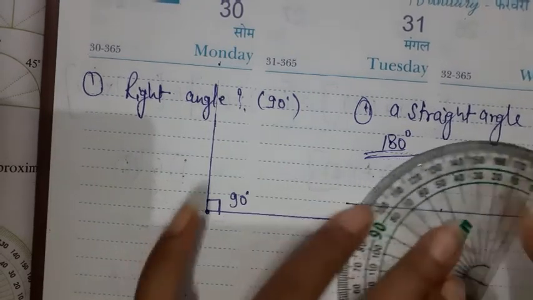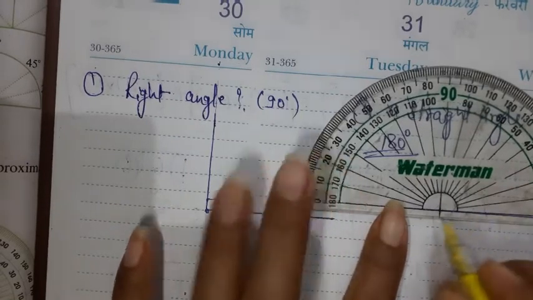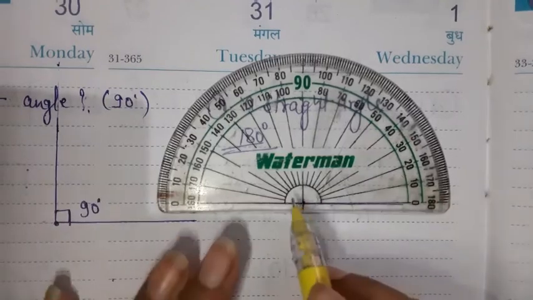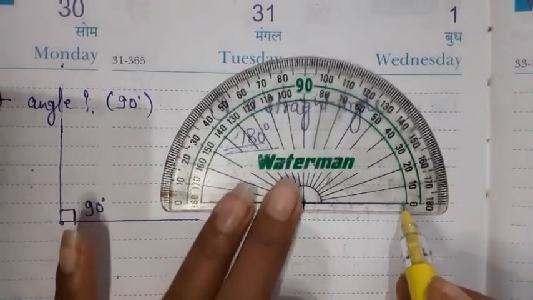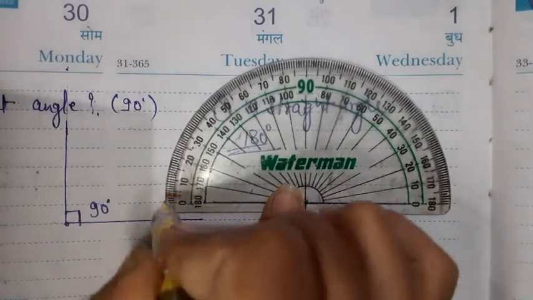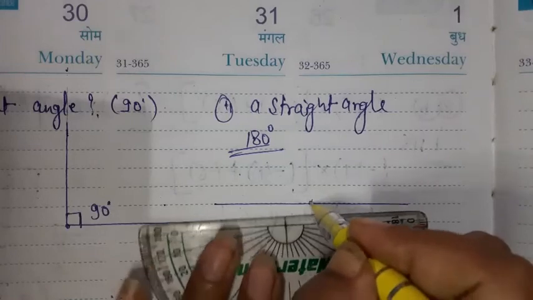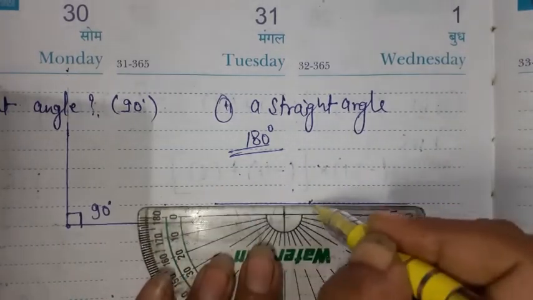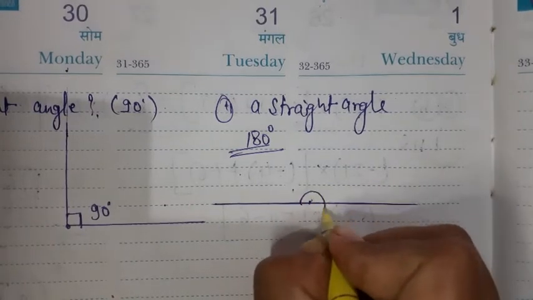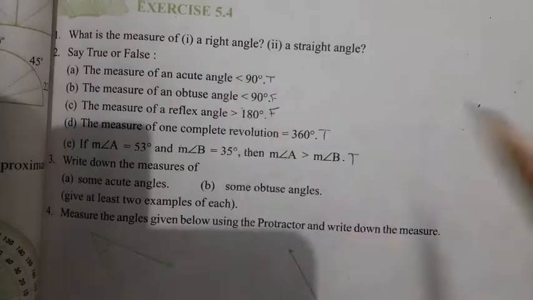We fix the protractor on that point, and here this is 0 and here this is 180. So fix a point. Now connect this baseline to that point. So this makes the straight line. This is called a 180 degree straight angle.